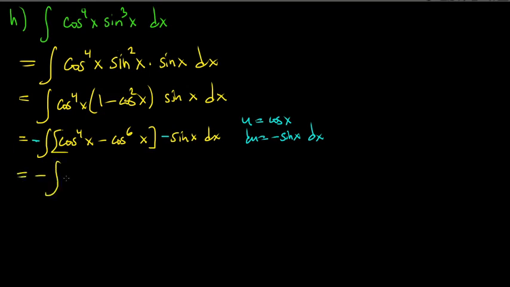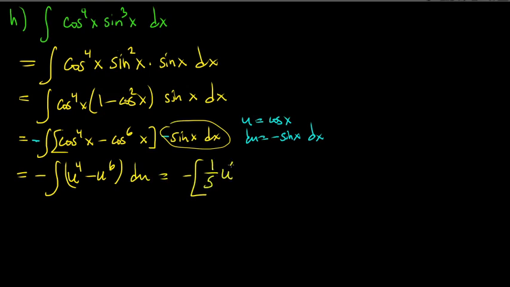So you get a negative integral of u to the 4th minus u to the 6th, and then all of this is du. So keep the negative, use the power rule. And then don't forget your plus c.